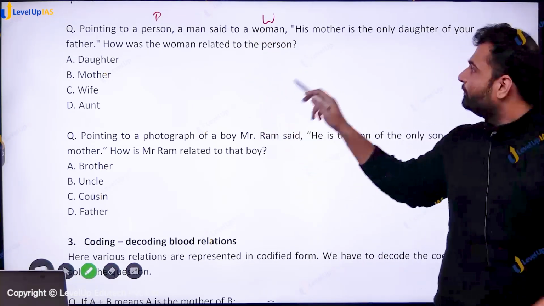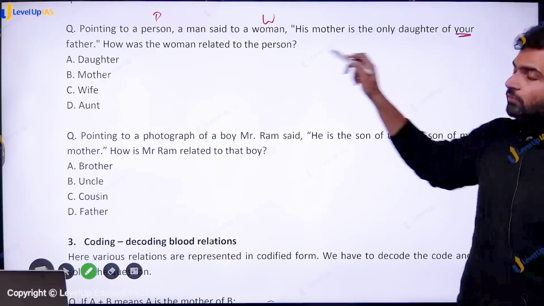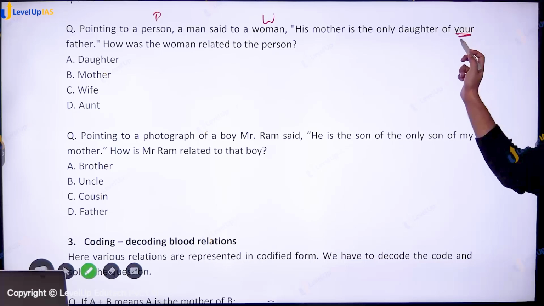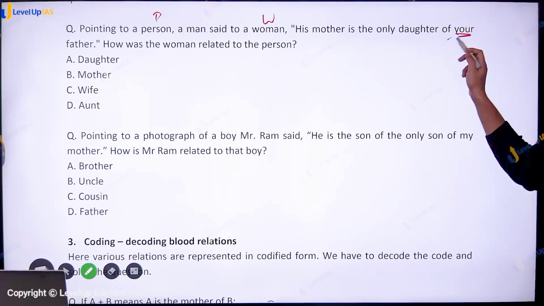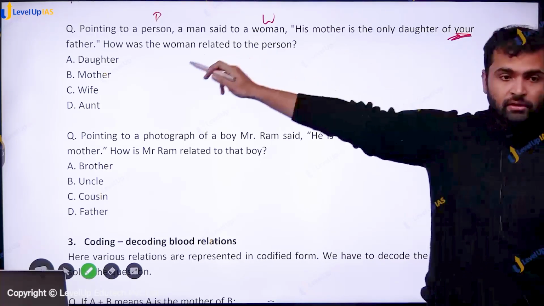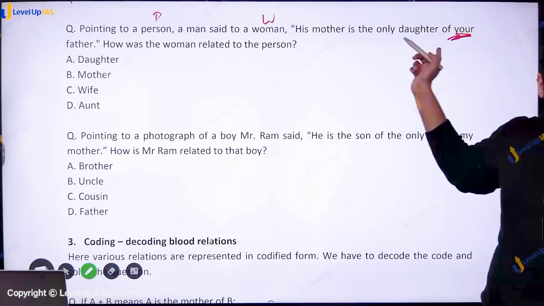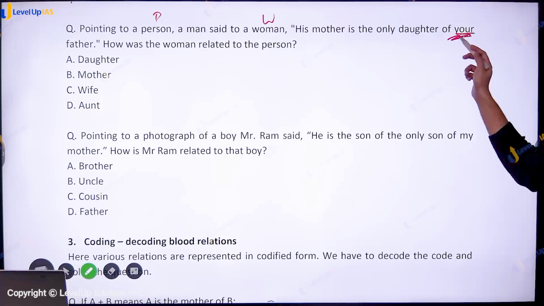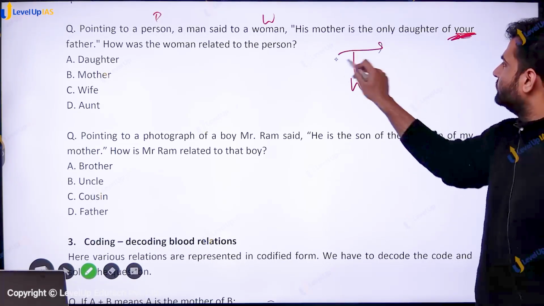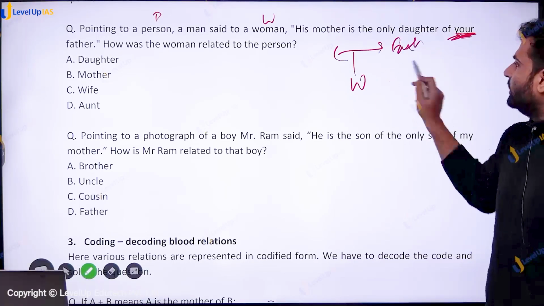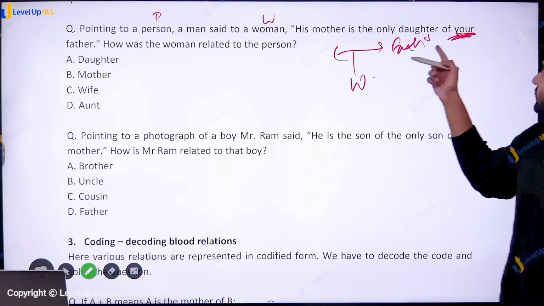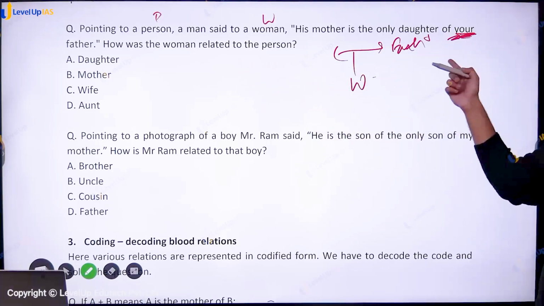Man said to a woman that his mother is the only daughter of your father. So when does that woman again come in this passage description? Here, from here. There is this person, there is this woman. So woman's father is being talked about. So let us start with woman's father, because पहली बार वो वहां पे आ रही है woman. There is this woman and there is some father. Your father is being talked about, but what is being talked about?